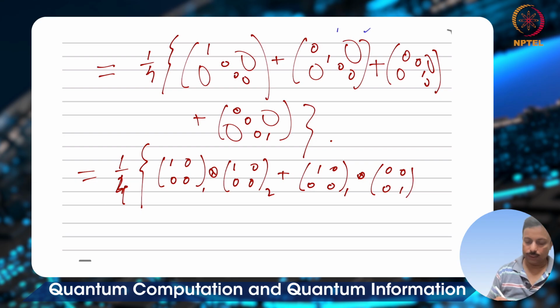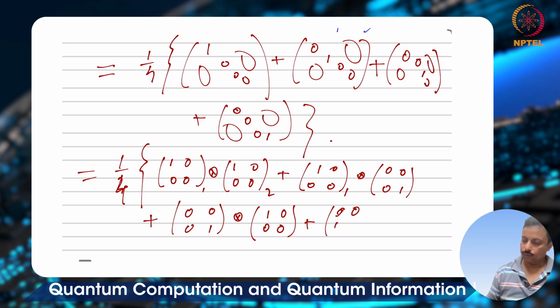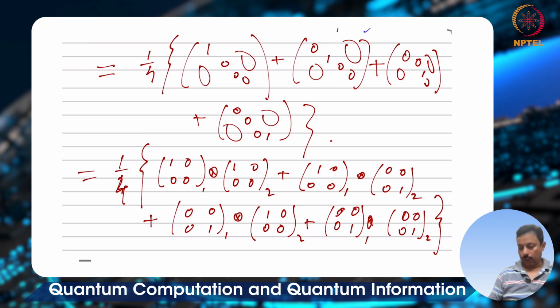Okay, and there are two more terms, plus 0 0 0 1 tensor 1 0 0 0 plus 0 0 0 1 tensor 0 0 0 1. Okay, I close the bracket. So these are all Hilbert space 1, Hilbert space 2. So this is the sum.